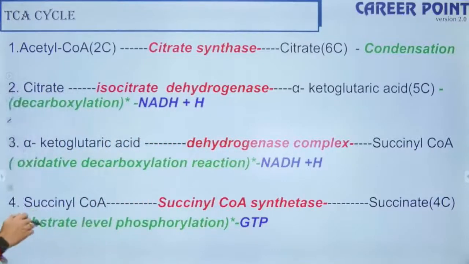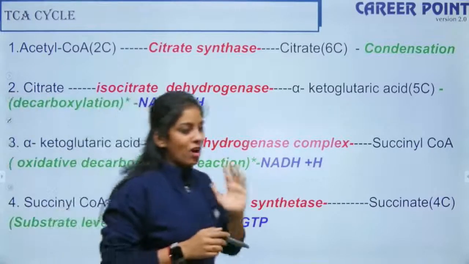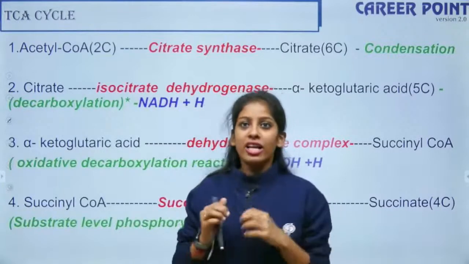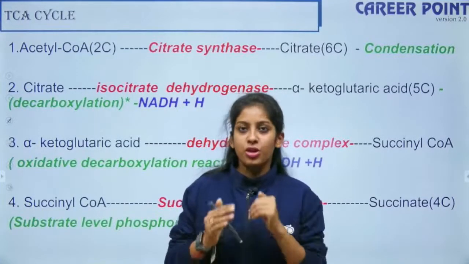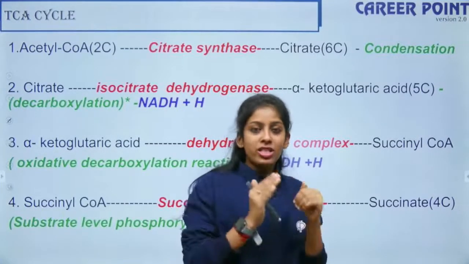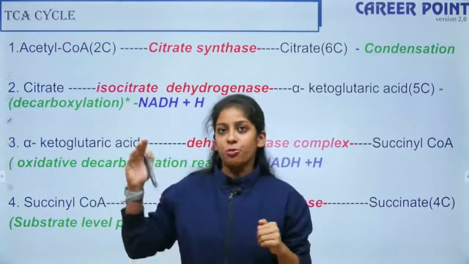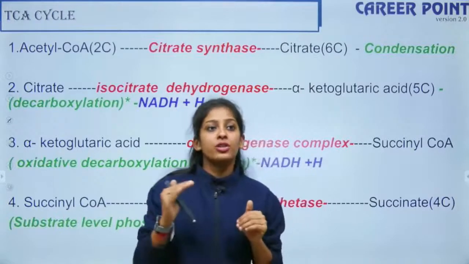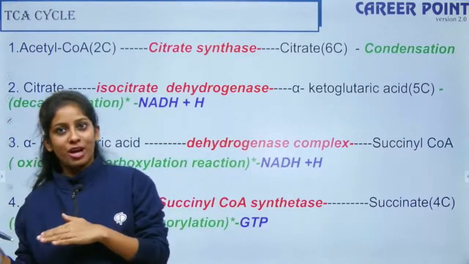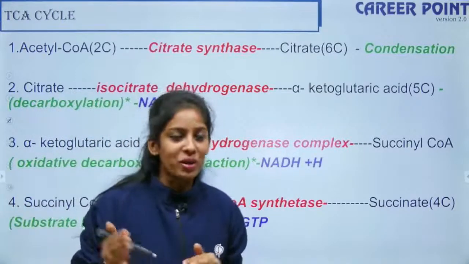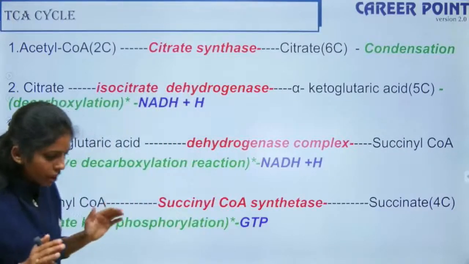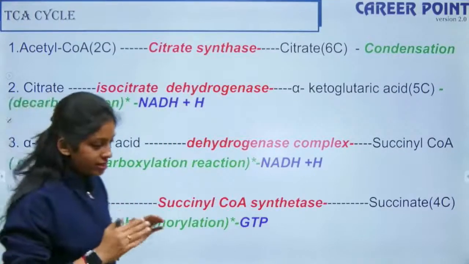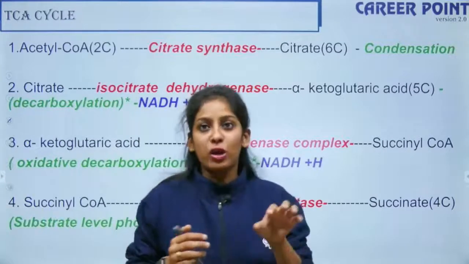So what happens in glycolysis? In glycolysis, the respiratory substrate is glucose. This glucose gets broken down into pyruvate or pyruvic acid. One molecule of glucose breaks down to form two molecules of pyruvate, or two molecules of pyruvic acid. We're talking only with respect to the aerobic organism.